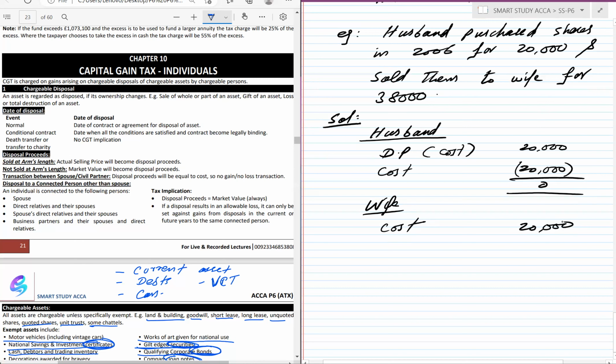Whenever the wife disposes of this asset in the future, cost will be £20,000 for the calculation of gain or loss. In this way, we calculate gain or loss in transactions between husband and wife.